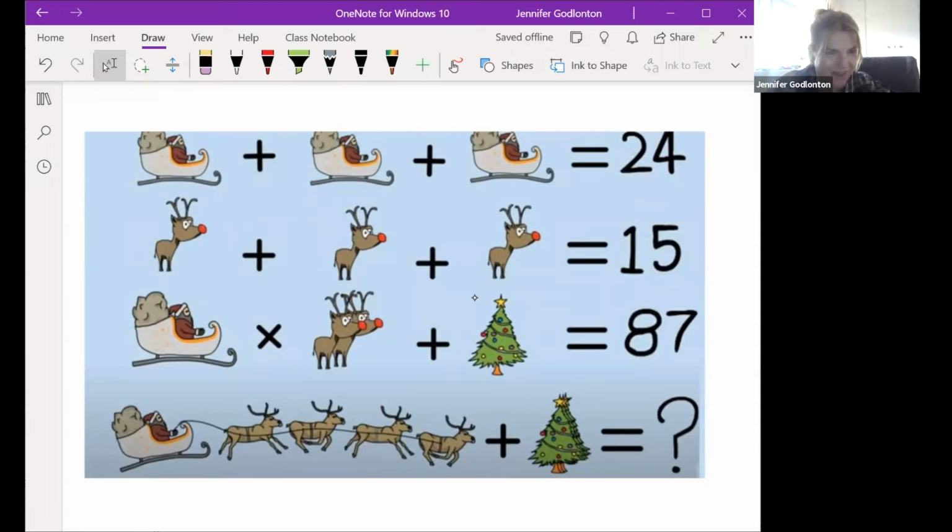Okay. Sorry, ma'am. The first one is really confusing. Do you mind if I just pop into the 15 one? Because I know that that's 5 plus 5 plus 5. Okay. So you're saying this is 5 plus 5 plus 5?